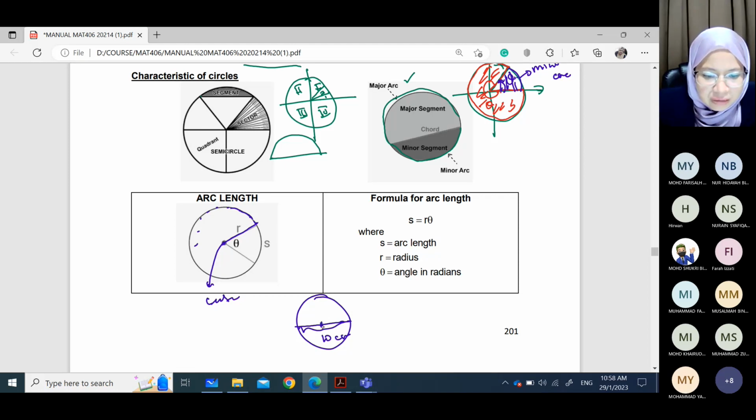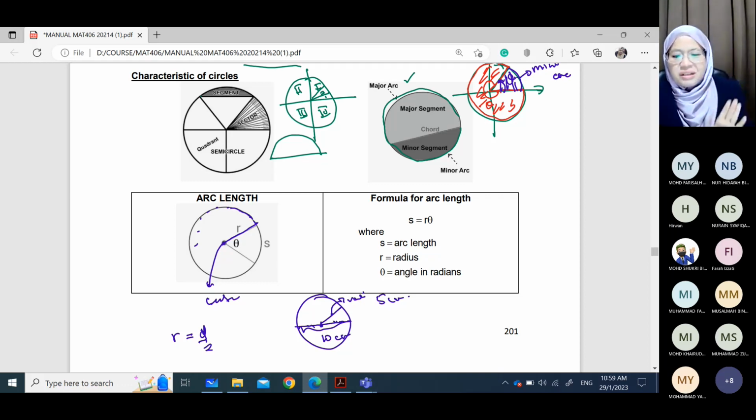So dia punya radius kat sini adalah 5 cm. Okay, sebab radius it is equivalent with diameter over 2. So jarak dia pusat, jarak kiri dan kanan adalah sama. So radius dia bergerak, panjang dia sama sebab dia daripada pusat bulatan.